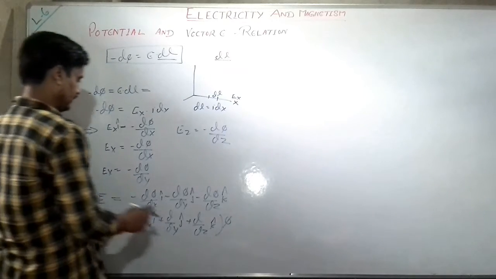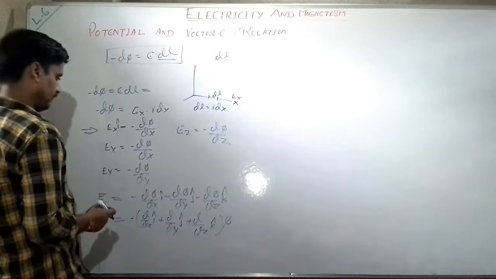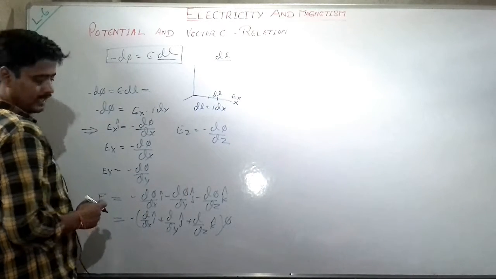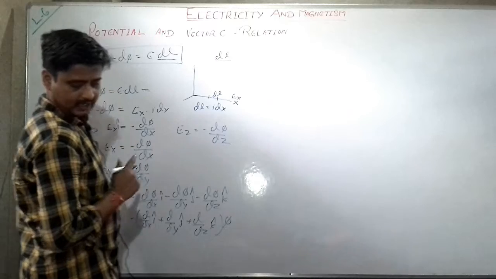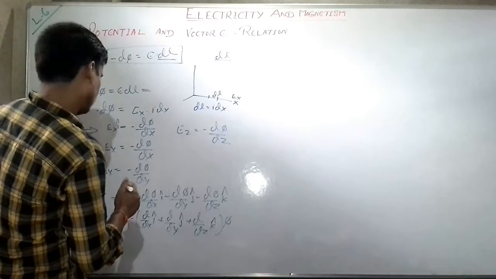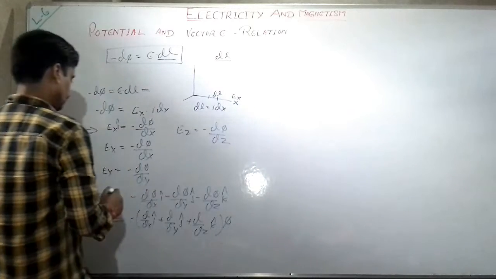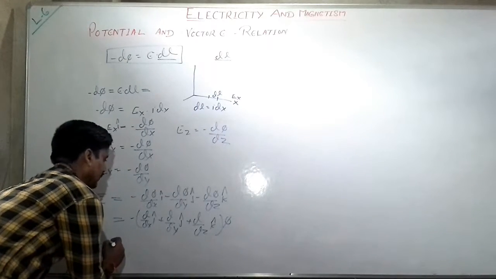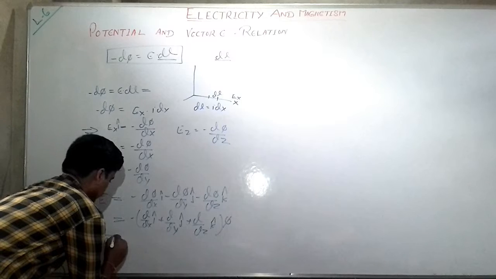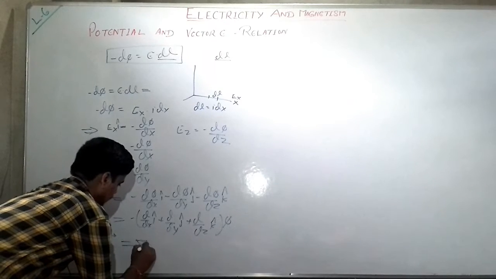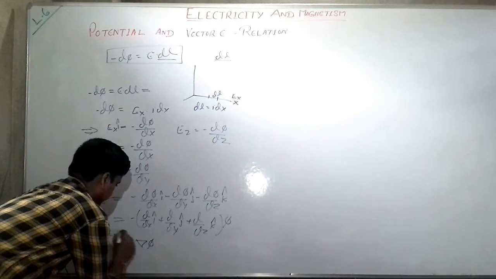We also know that phi can have components, so we can also write E equal to minus gradient of phi.